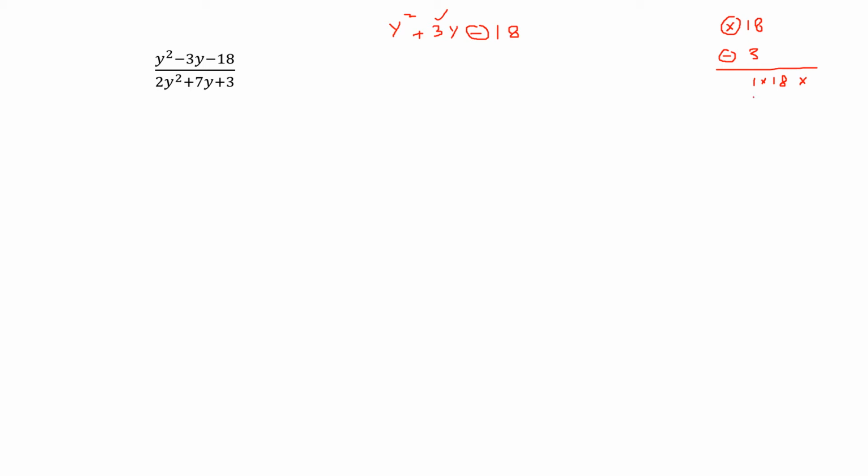Now we do by 2. 2 9s are 18. If we subtract 2 and 9 we don't get this 3, so this is also rejected. Then we go for 3. 3 6s are 18. Yes, this is the case, which gives us 3, so this is fine.